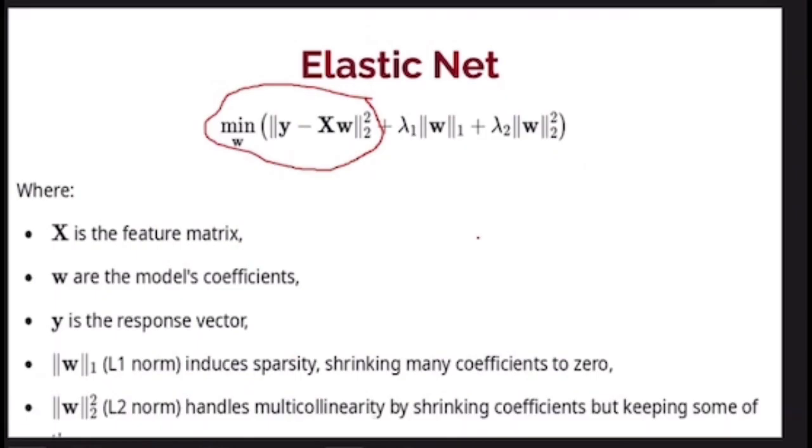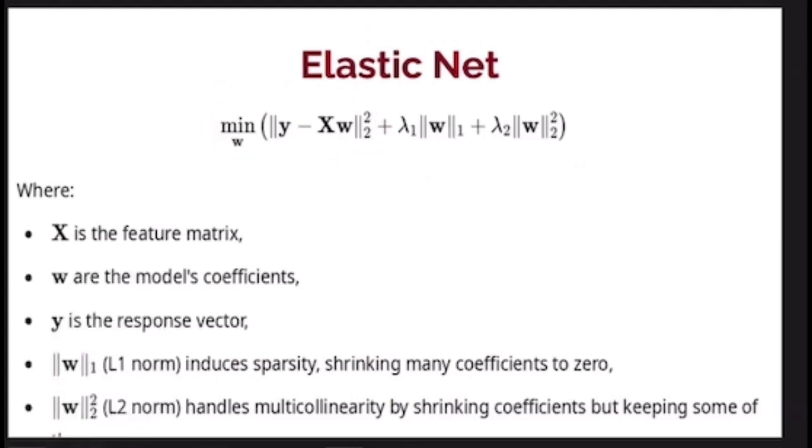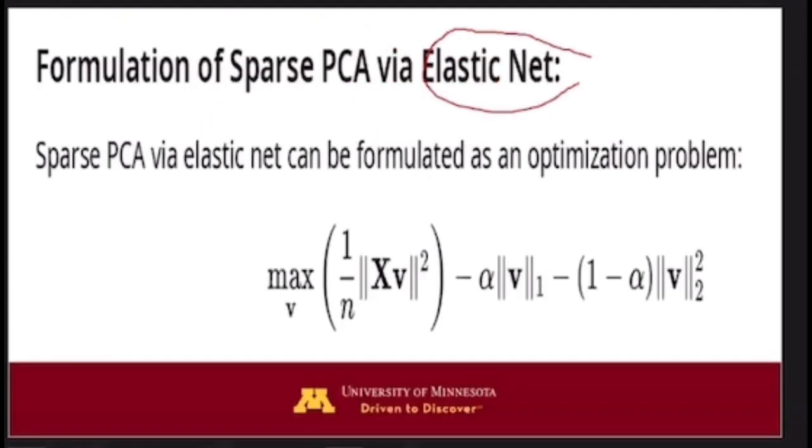I'm going to say there are 3 major benefits that come with formulating sparse PCA via elastic net. Number 1 is sparsity, and which one is going to do the job of sparsity?